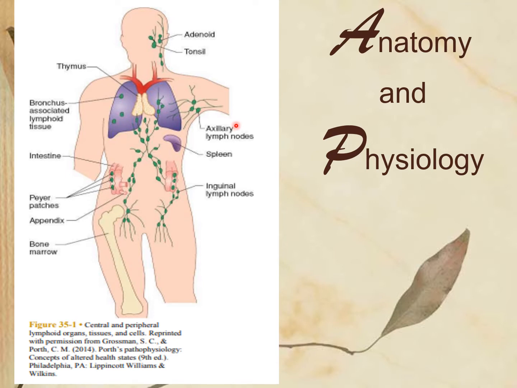It is composed of bone marrow, the spleen, and the thymus gland, as well as the lymph nodes and the ducts. In addition, there are specialized blood cells, or what we call lymphocytes and leukocytes, that work within the immune system.